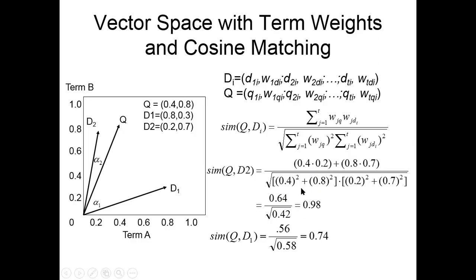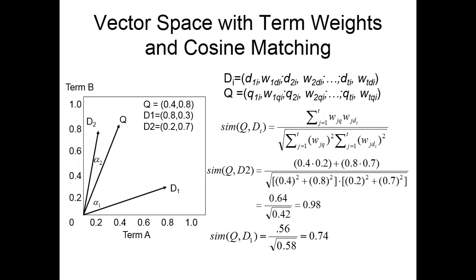Finally, the similarity score is 0.98. When you divide 0.64 by the square root of 0.42, we get 0.98. That means the similarity score between document 2 and the query is near to 1, so they are more similar.